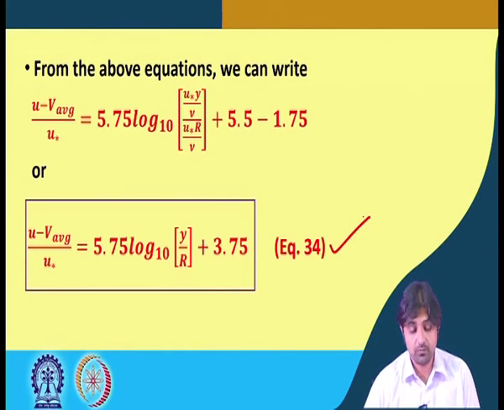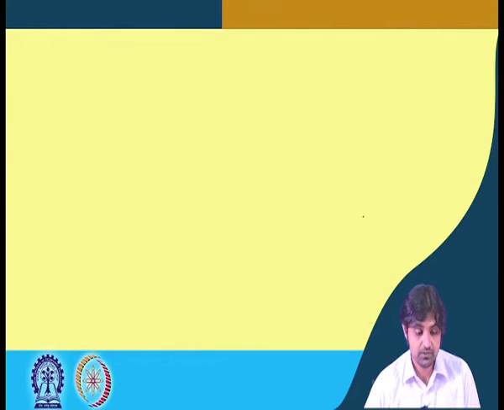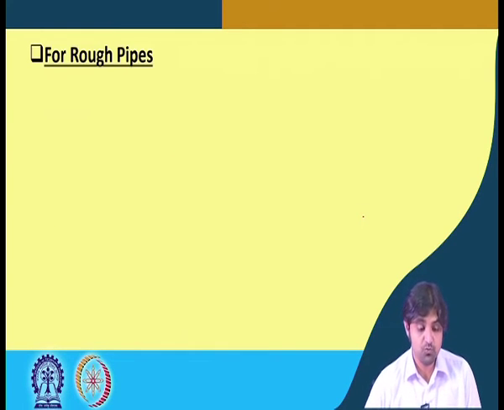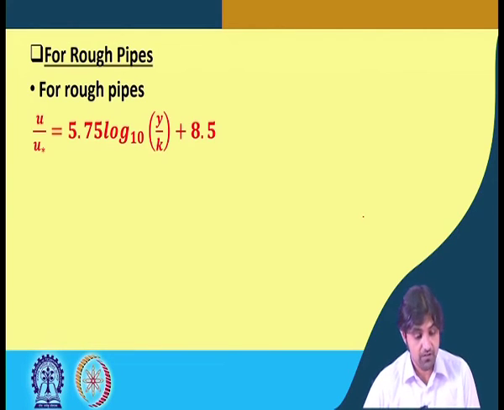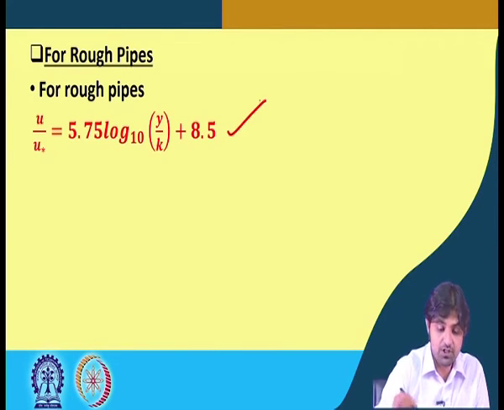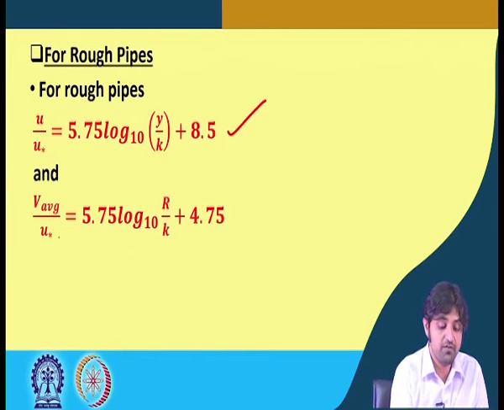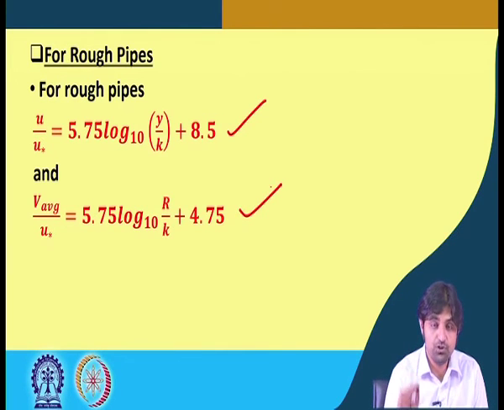basic logarithmic velocity profile. Now, we did it for smooth pipes. For rough pipes we have an equation and we also obtained V average by u star. We do the same procedure, we subtract this equation from this equation, okay.